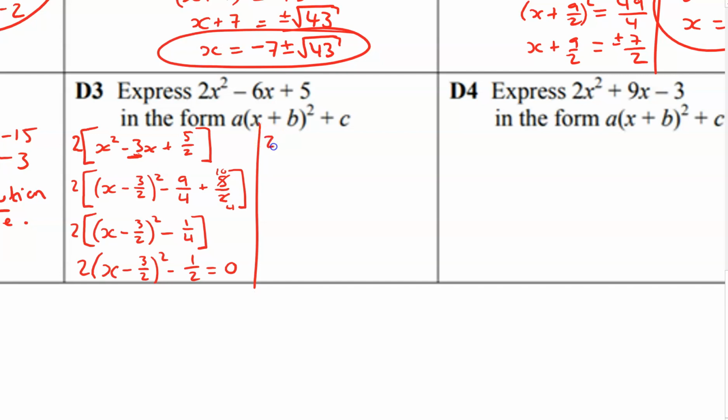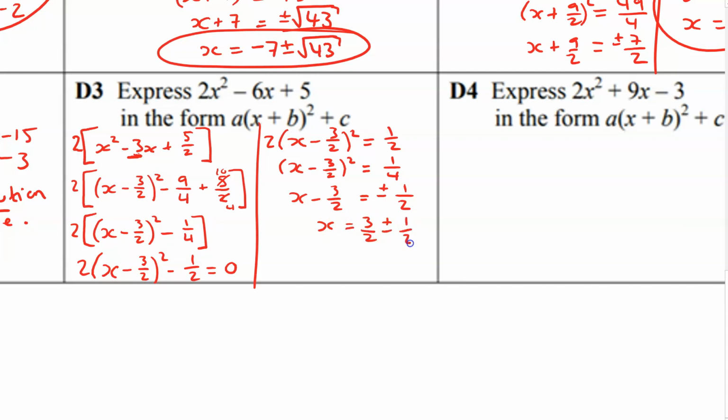So I'm going to add the half onto the other side, divide by 2, square root, and add the 3/2 on. So our two answers, 3 plus 1/2 is 2, and 3 minus 1/2 is 1.